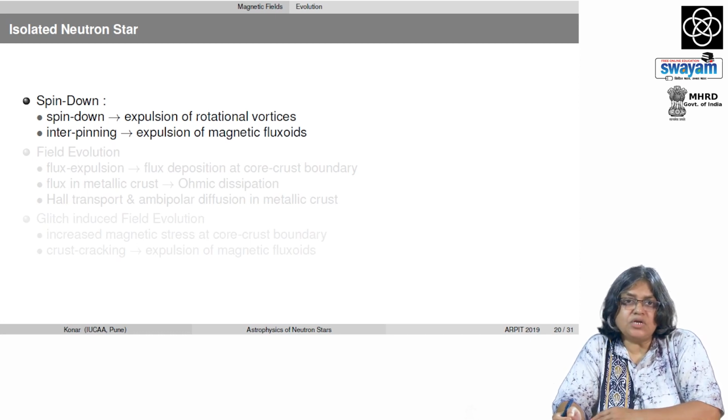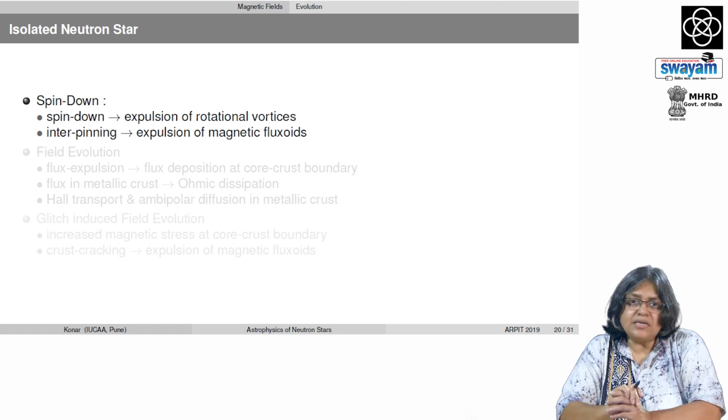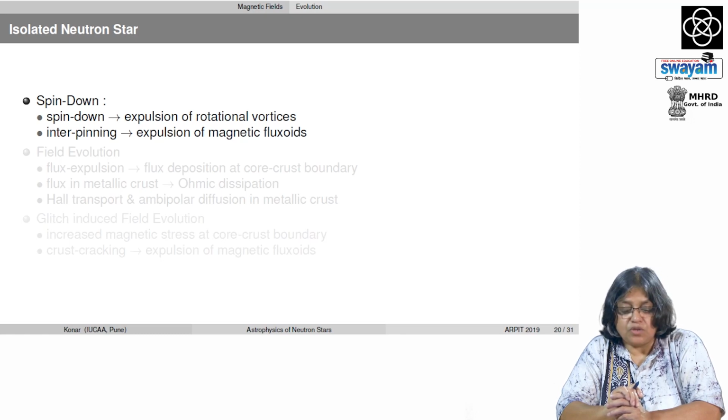So, when rotational vortices are expelled because of spin down, because of interpinning of the rotational vortices and magnetic fluxoids, we expect that magnetic fluxoids are also expelled to the metallic crust.